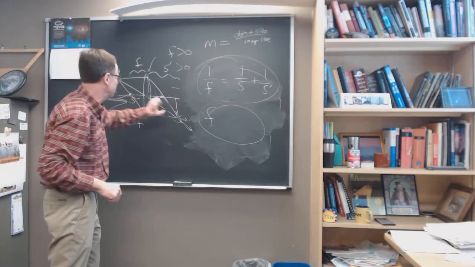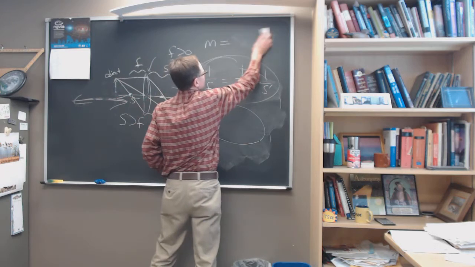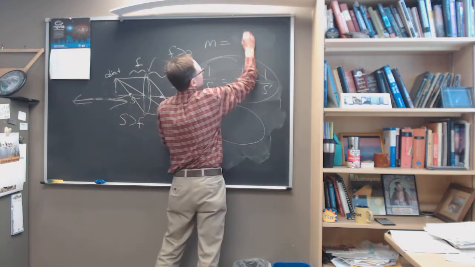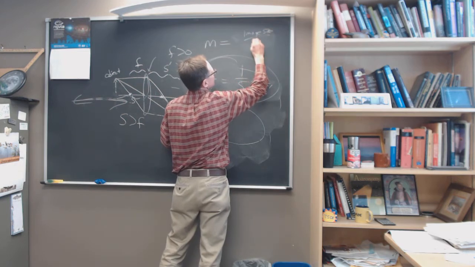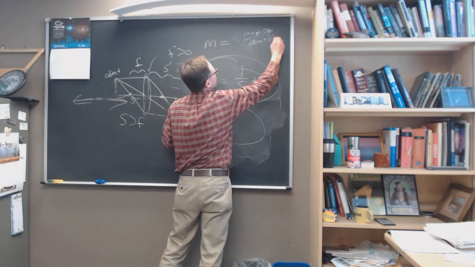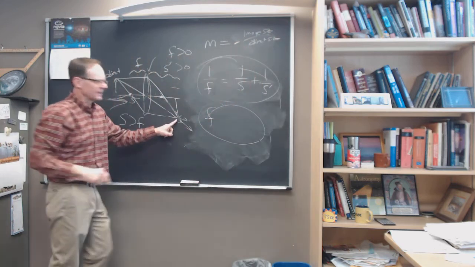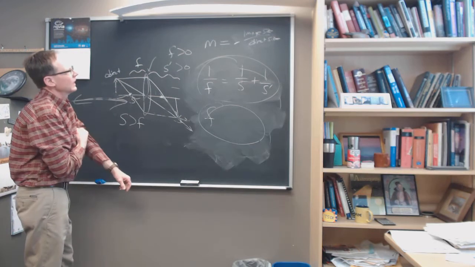Oh, good grief. It's the image size divided by the object size. And it's negative because this is an inverted image. It's upside down. So it's negative image over object.